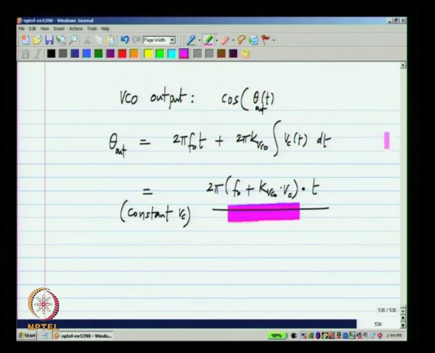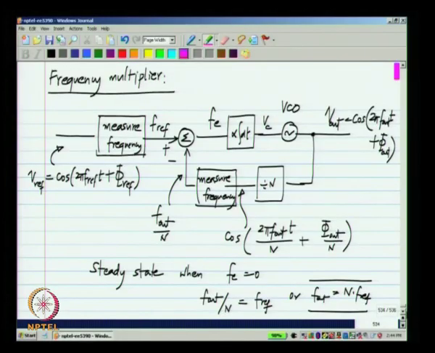So, this is the phase model of the VCO, which we will be using continuously from here onwards. After we complete the design of this block, we will model everything in terms of the phases of signals, and this is the model we have to use for the VCO. Now, this block diagram is fine, except we do not yet know how to do this measurement of frequency and so on. We will quickly see how to do that.